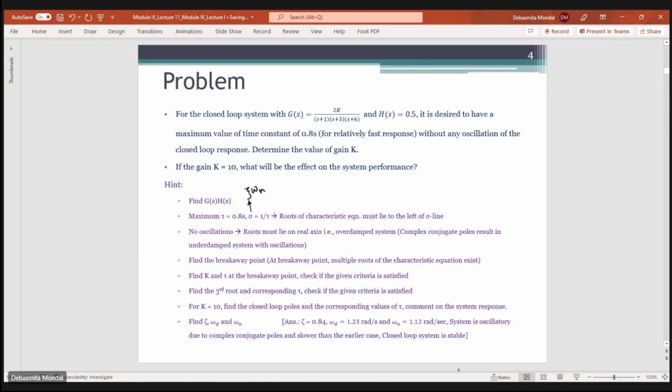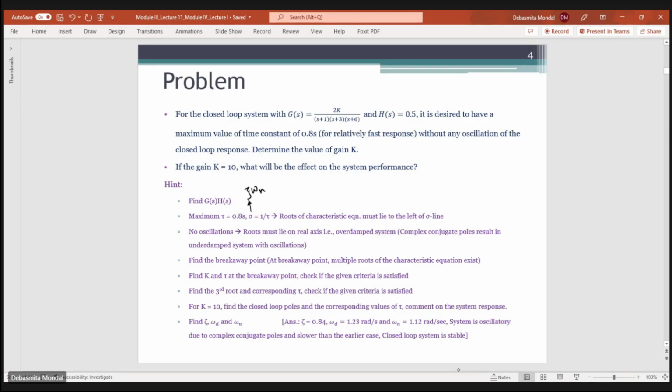So if the system has to have a maximum time constant of 0.8 seconds without any oscillations, that means the roots of the characteristic equation must lie to the left of this point, right? And again, no oscillations means that the system will be overdamped. Overdamped means the roots must lie on the real axis. So you can forget about having complex conjugate poles.